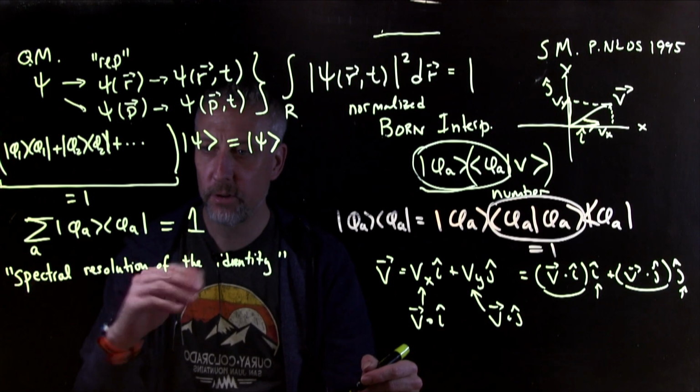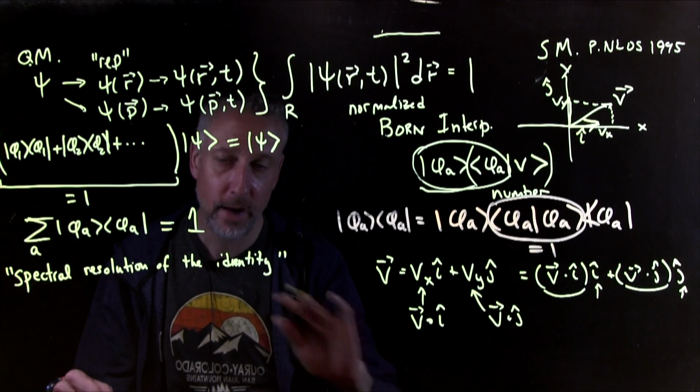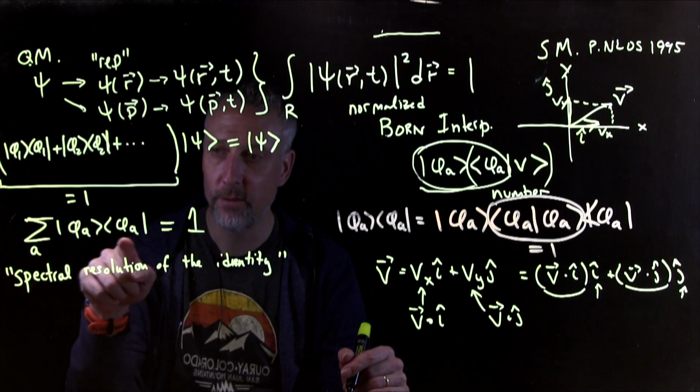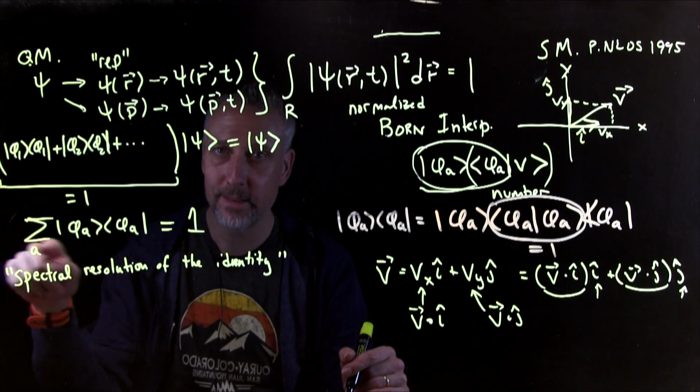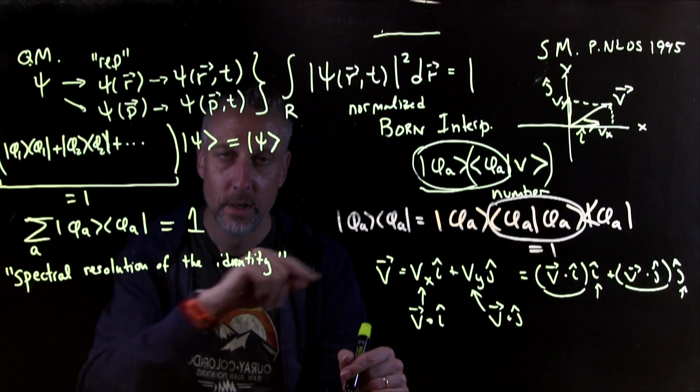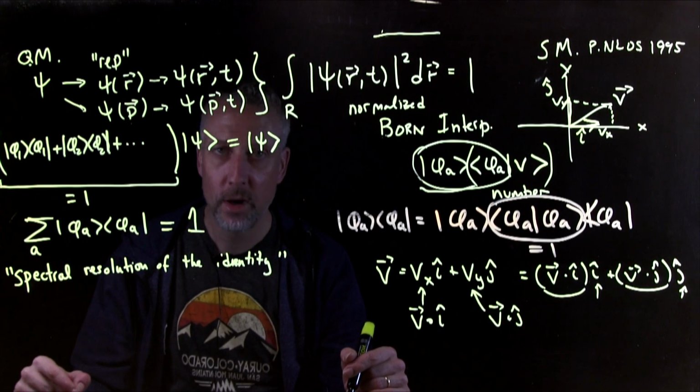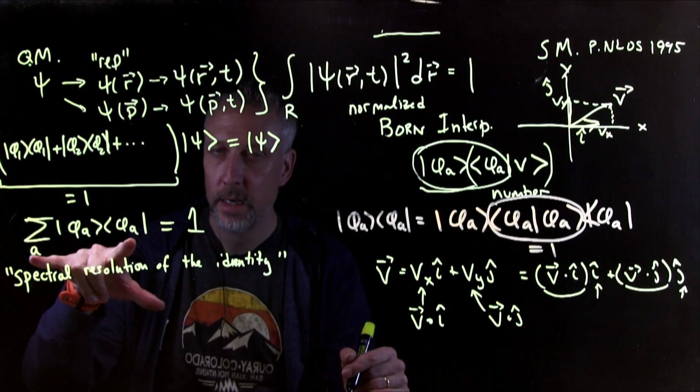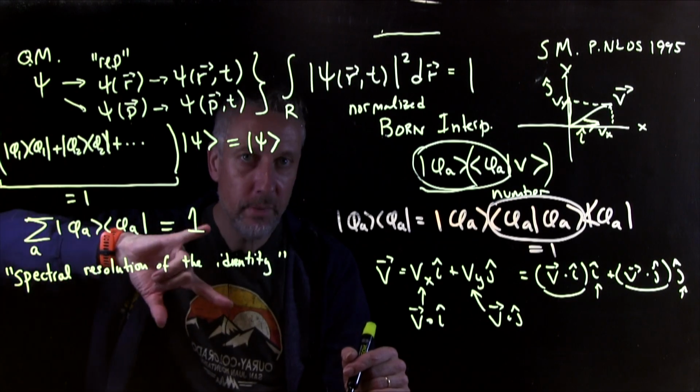Okay, so the spectral resolution of the identity, super important. Half of our derivations will involve nothing other than putting this in very clever places in our equations. But more importantly, what it allows you to do is to switch from one basis to another.